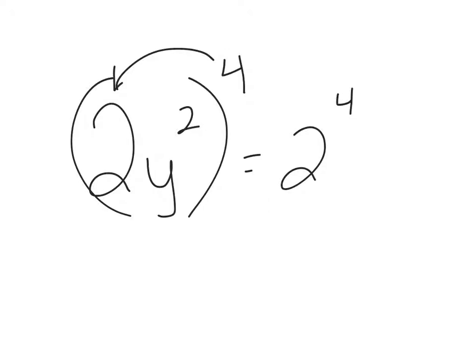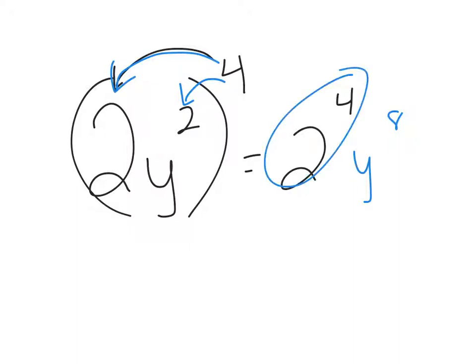And then again, to distribute it to the variable, y to the power of 2, all I have to do is multiply those two exponents. So 2 times 4 is going to give me 8. So then it's going to be y to the 8th. And I can simplify this a little bit further, because we know we can solve 2 to the 4th. 2 times 2 times 2 times 2 is going to give us 16. So our completed answer here is 16y to the 8th.